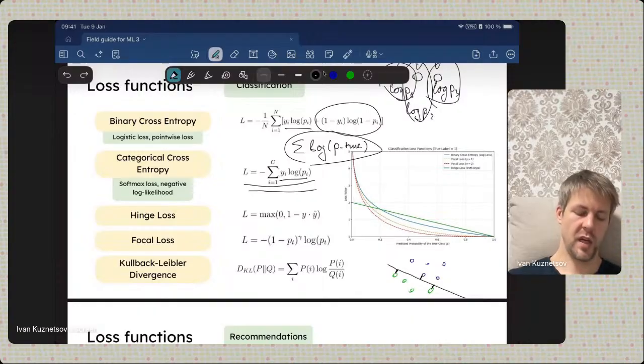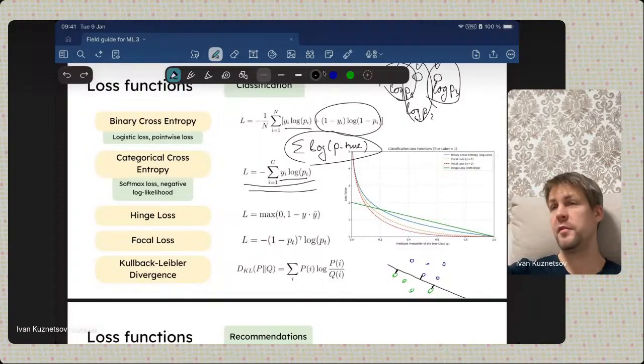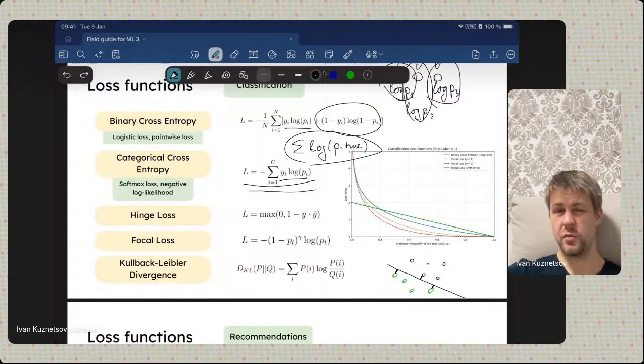And then finally, we have Kullback-Leibler divergence. When is it used? Kullback-Leibler is used when you have distributions and you want these distributions to be similar to each other. When do we need the whole distribution? Maybe, for example, you can use it in image generation or diffusion models where you want to reproduce a particular distribution.